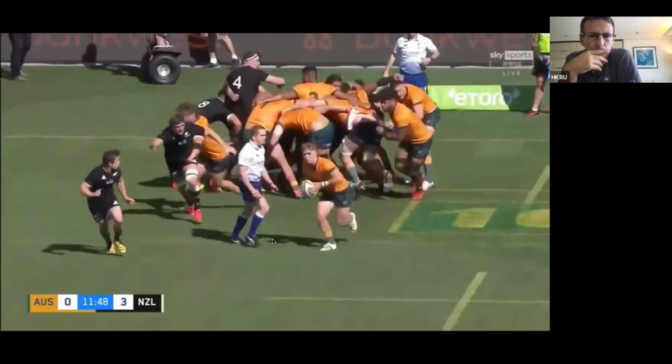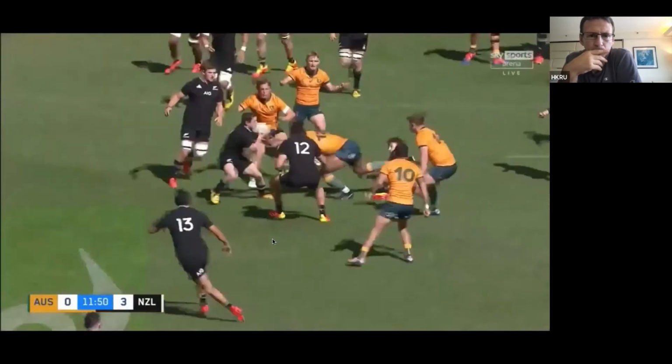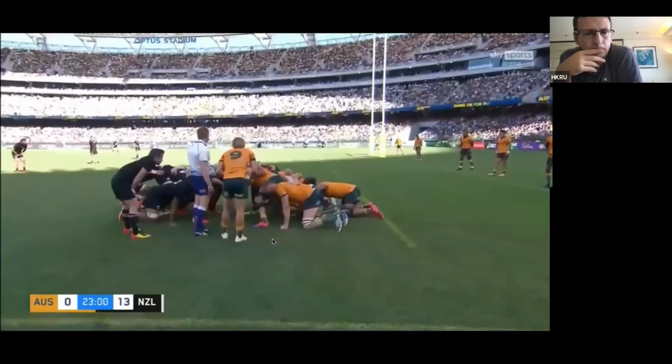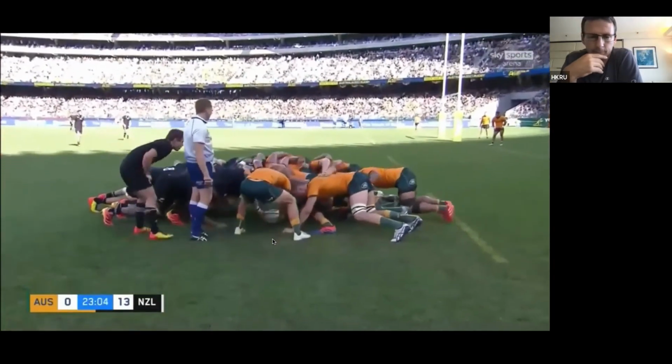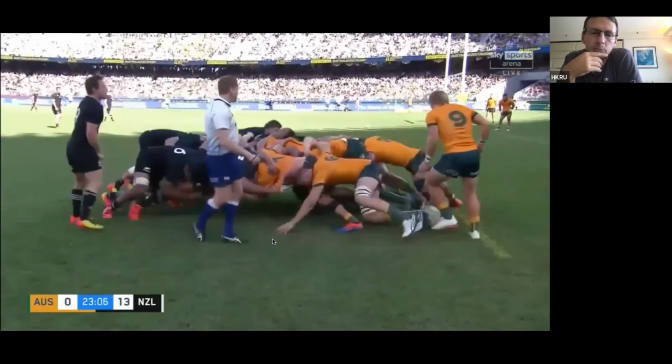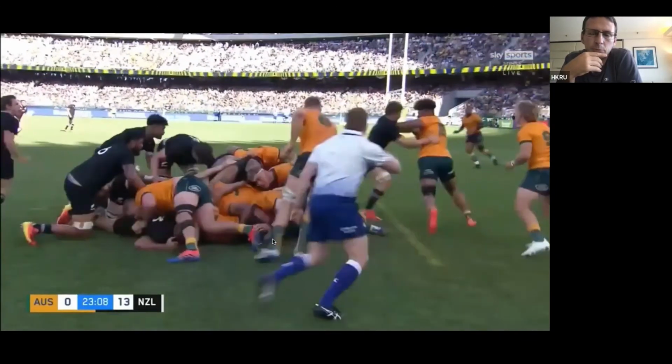From New Zealand, but Australia hold firm. McDermott was looking for the runner. Good strike from the Wallabies.